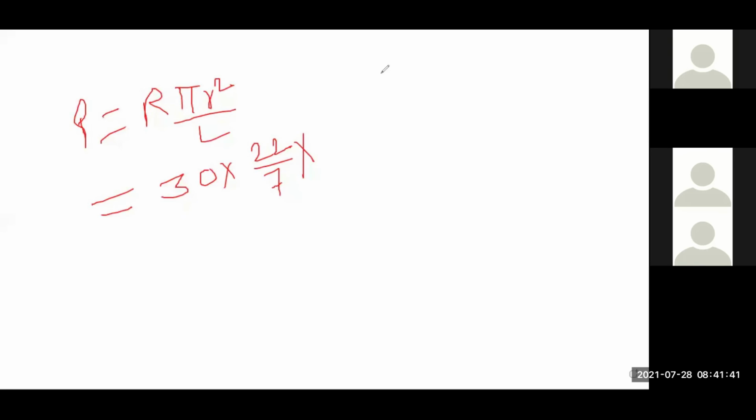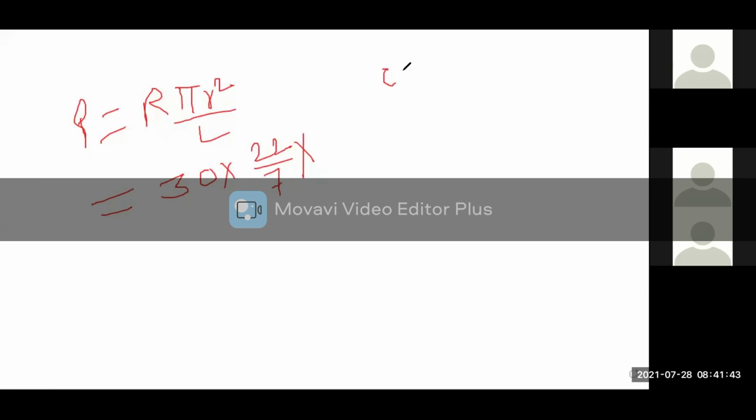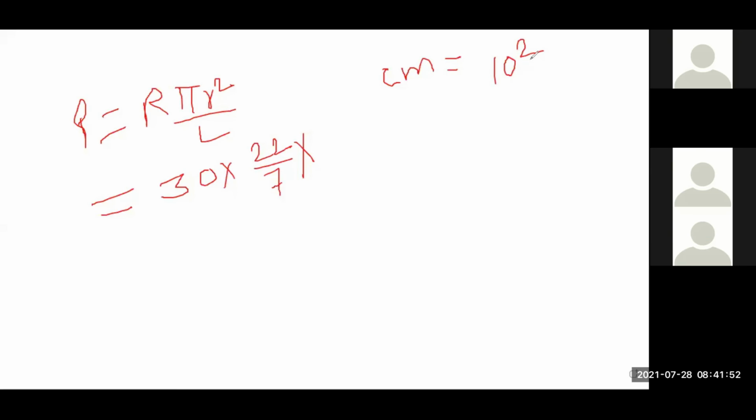Anybody knows how to convert? If centimeter is given there, then we are converting into the meter, 10 raised to minus 2. Okay. When we have to convert into the meter, at that time we write 10 raised to minus 2 meter.